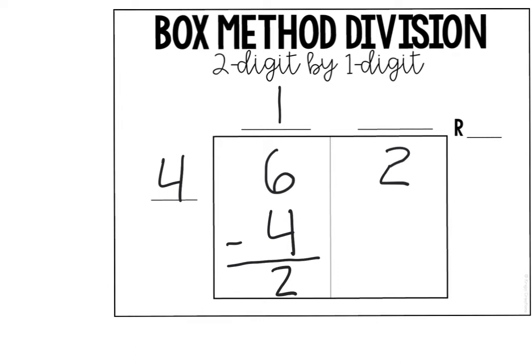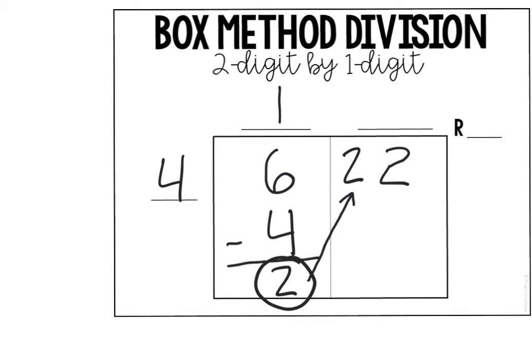The next thing I do is bring it on up. So what I mean by that, watch, I'm going to take an arrow just like this, and I'm going to draw my arrow up to the next box. And I'm going to write this 2 right here, okay? Because think about this. We had 2 tens left over that we couldn't divide.